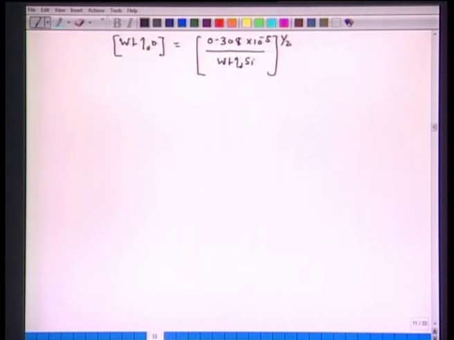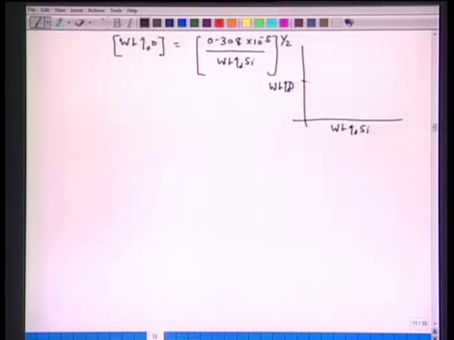So, if I plot weight percent oxygen against weight percent silicon, for 1773 Kelvin or 1500 degree Celsius, then I will get a straight line with the slope equal to minus half. So, all that it says is that increase in silicon decreases the oxygen, as this equation predicts.